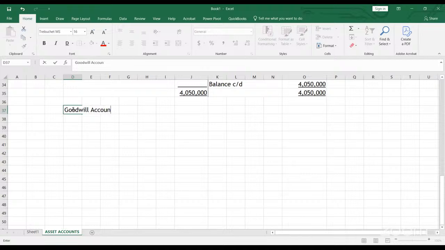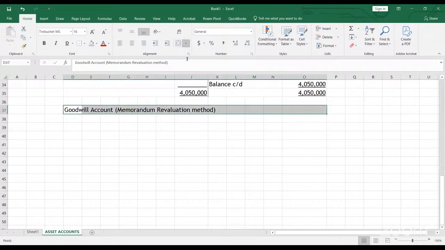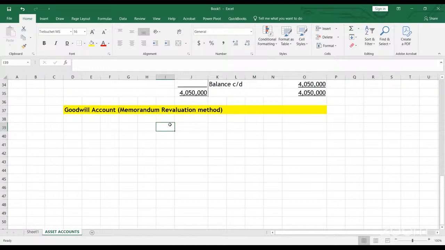We have been told that they use the memorandum revaluation method. So let us come up with a goodwill account here.